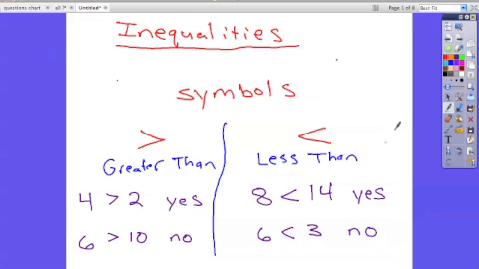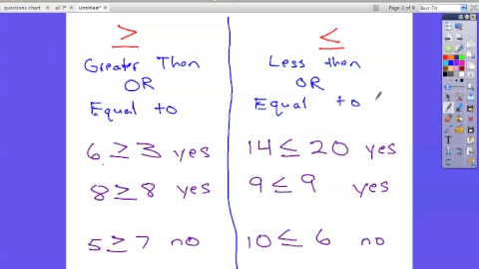It's not. Now the other two symbols I'm introducing to you: this one is greater than or equal to. The or is key here. This symbol means that the number can be bigger than the other number, or it can also be equal to. So in the example, 6 is greater than or equal to 3.